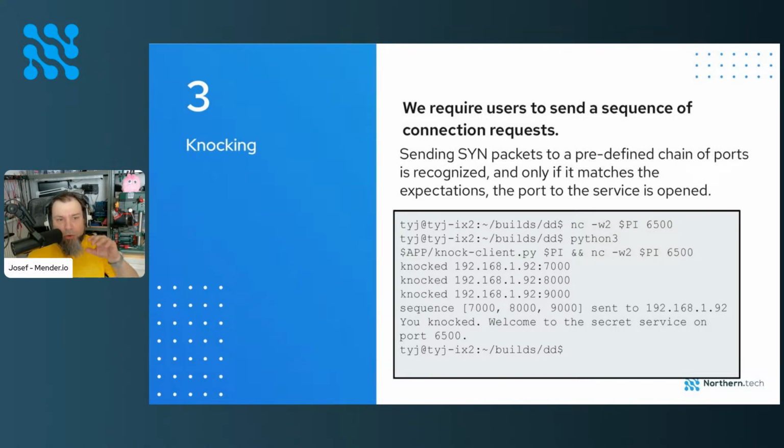And if you are able to send a sequence of requests to a specific port sequence, then the server says, hey, somebody obviously knows our secret. I'm going to open the right port for them. And this is called port knocking. It still doesn't hide the service completely because something needs to react on what's going on the interface. But it makes it not accessible without a little bit of pre-dance.